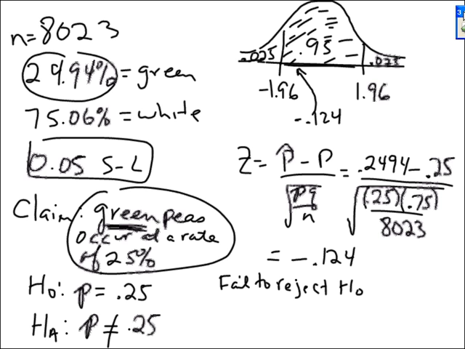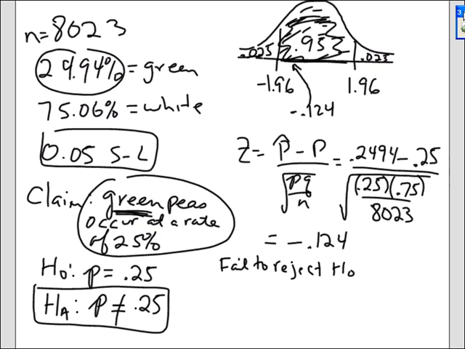So what's HA? It says it's not 0.25. But anything in here, we would say that it is 0.25. So there's not sufficient evidence to support the claim.